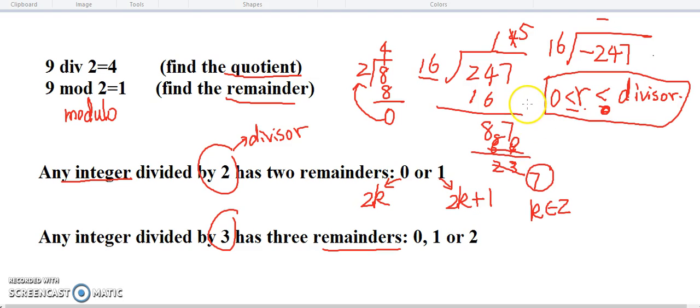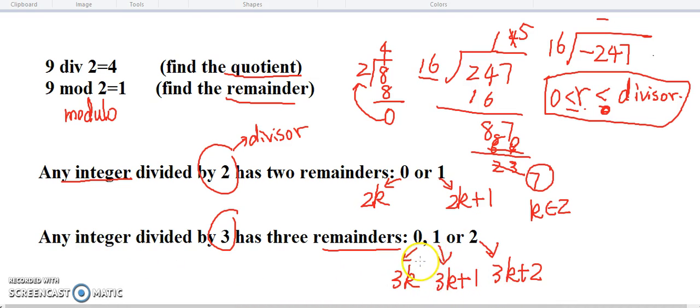And if we divide an integer by 3, then we will get 3 remainders, which means 0, and that's a multiple of 3, and 1, that's a multiple of 3 plus 1, and if the remainder is 2, that means the number must be a multiple of 3 plus 2. And so we can divide all the integers into these 3 categories.